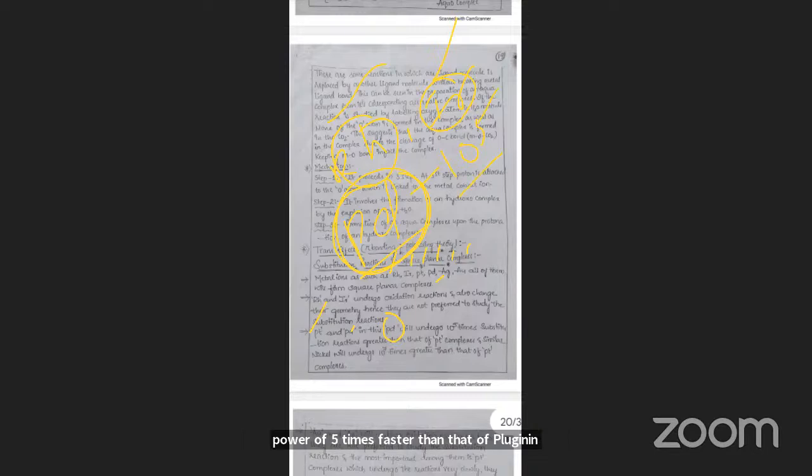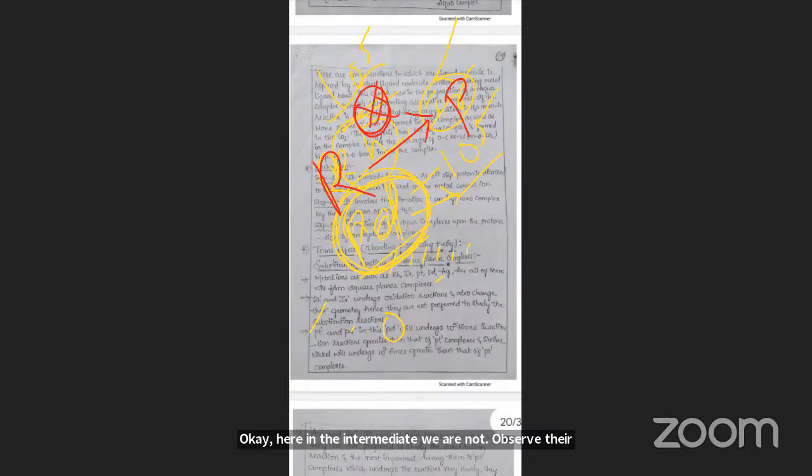That means we are not seeing the mechanism. The reactant is fastly converted into the product. In the intermediate we do not observe or study their mechanism.